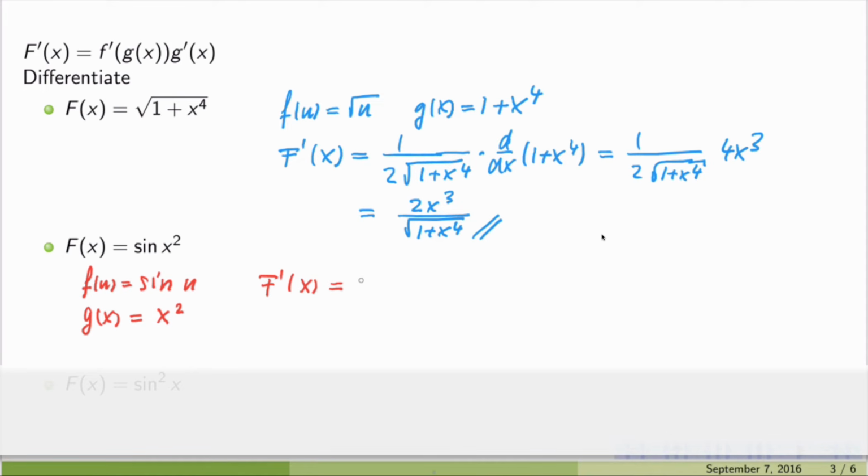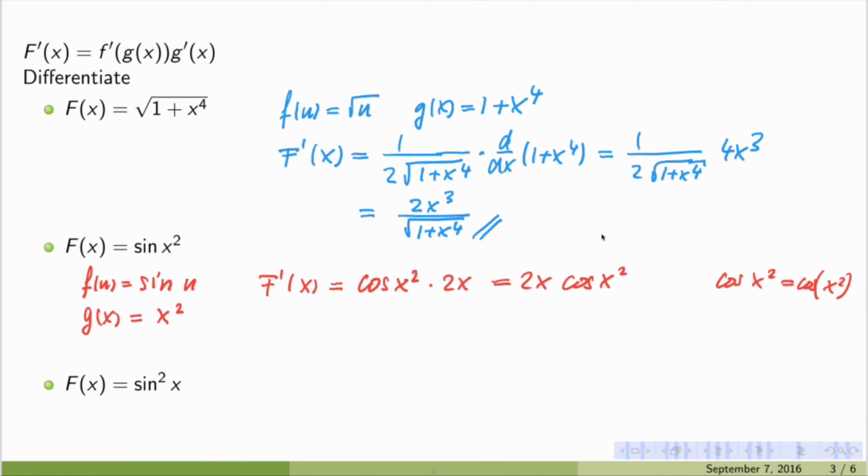Derivative of sine is cosine, but now evaluated at the inner function, so it would be cosine of x squared, multiplied with the derivative of the inner function, 2x. So write it nicer, 2x cos x squared. And to be very clear, cos x squared means cos of x squared in brackets. So you take the cosine of x squared.